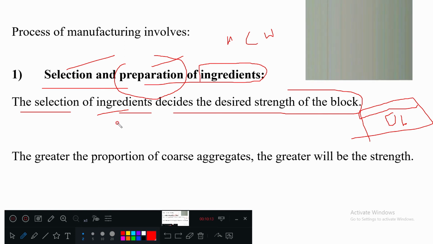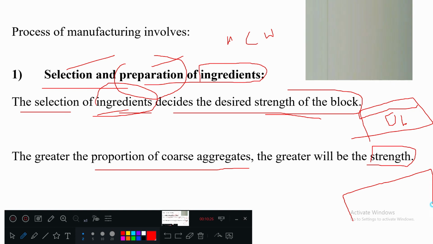In that way, the ingredient quality will decide the strength. The greater the proportion of coarse aggregate, the greater the strength in the block. How can you say that? See here what is happening. If you are constructing a block, it will have aggregate, sand, cement and water.